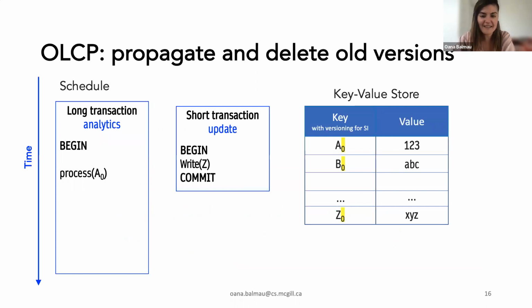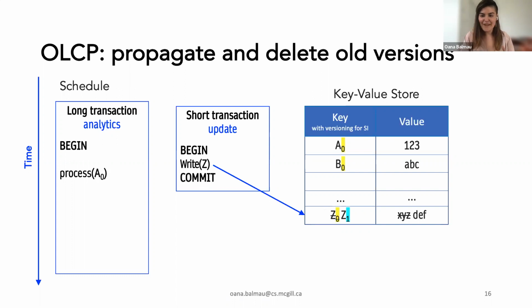On a very high level, the idea we propose is to propagate and delete the old versions of the items instead of keeping them in the data store. Let's take the previous example where we have a long transaction, where we want to scan the entire data set, and a short concurrent transaction that wants to update value Z over here.